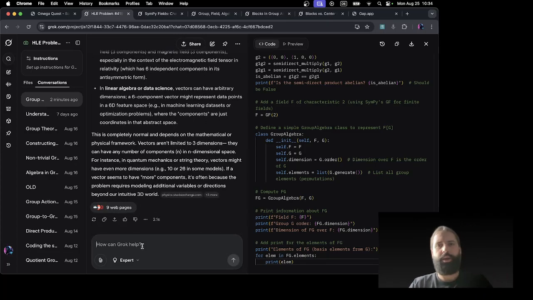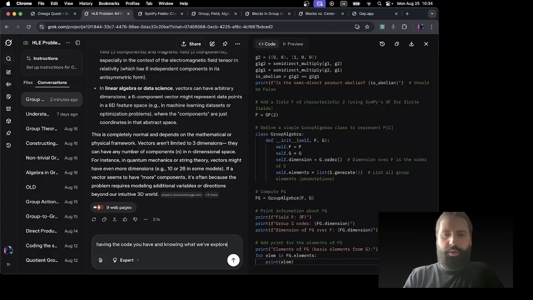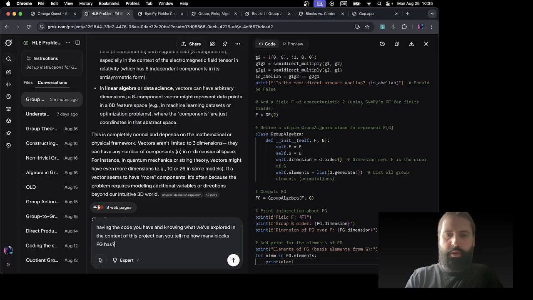Okay, having the code you have and knowing what we've explored in the context of this project, can you tell me how many blocks FG has?